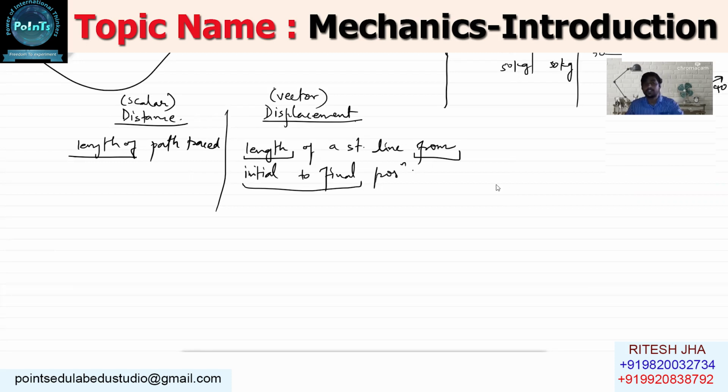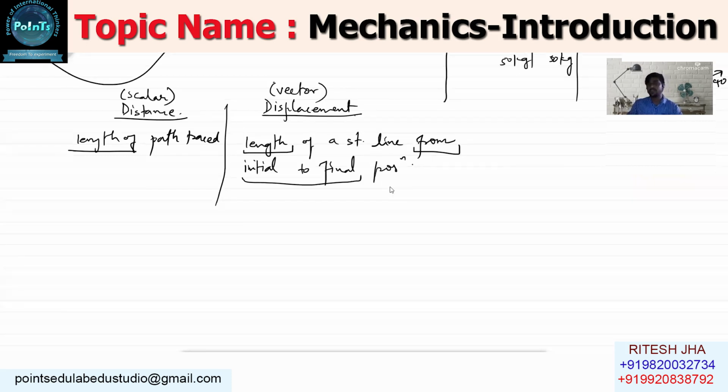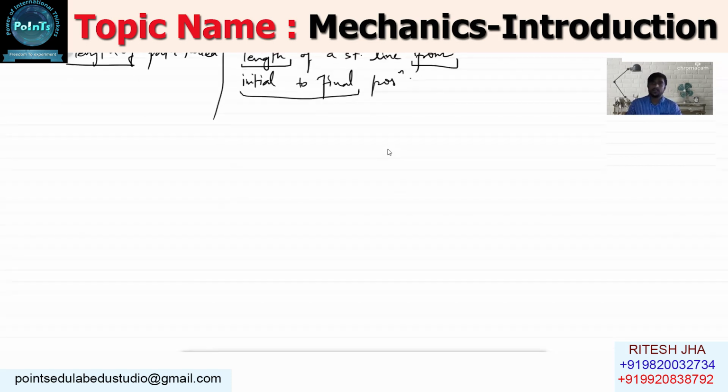So it's better to use the words length of a straight line starting from initial to the final position when you're defining it. But just for doing the questions, the definition that you gave was correct, not to define it with the concepts of physics.